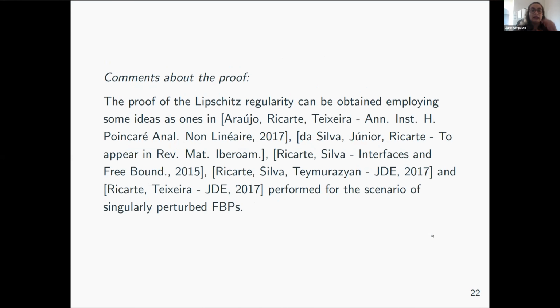For the proof of Lipschitz regularity, we employ the ideas of the works of Araújo, Ricarte, and Teixeira, and da Silva, Júnior, and Ricarte, performed for the scenario of singularly perturbed free boundary problems.